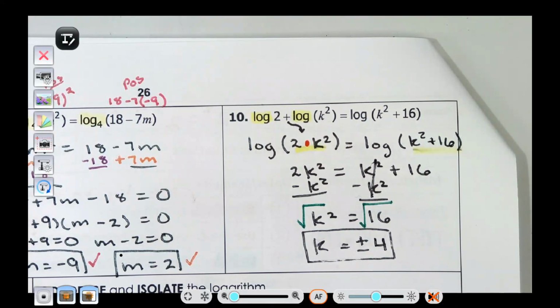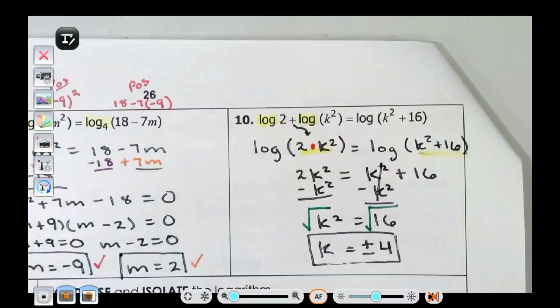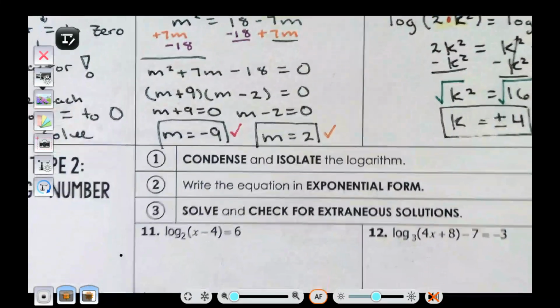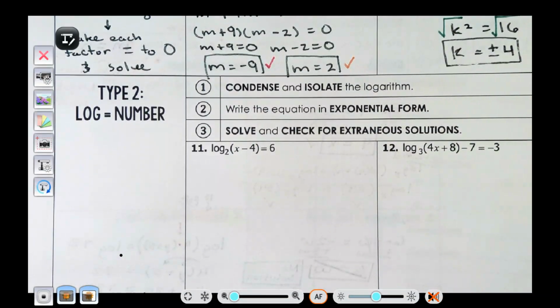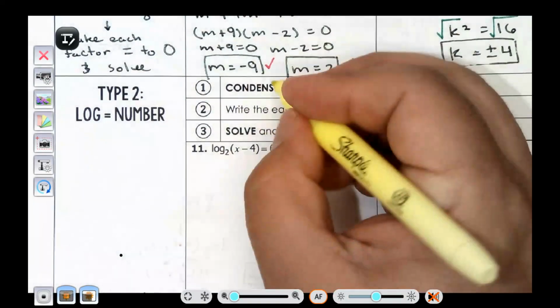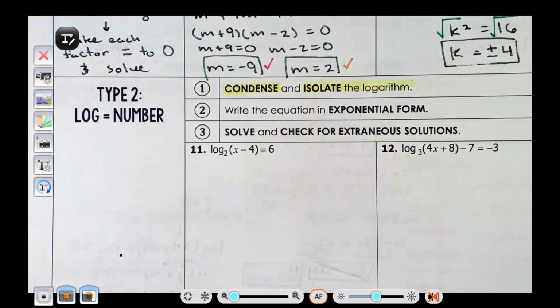So the question is, well, what do you do when you don't have logs on both sides? And so here is the last idea for the day. It says condense, all right, so one log only, and isolate the logarithm. So just make sure that you have a logarithm on one side of the equals. Write the equation in exponential form.